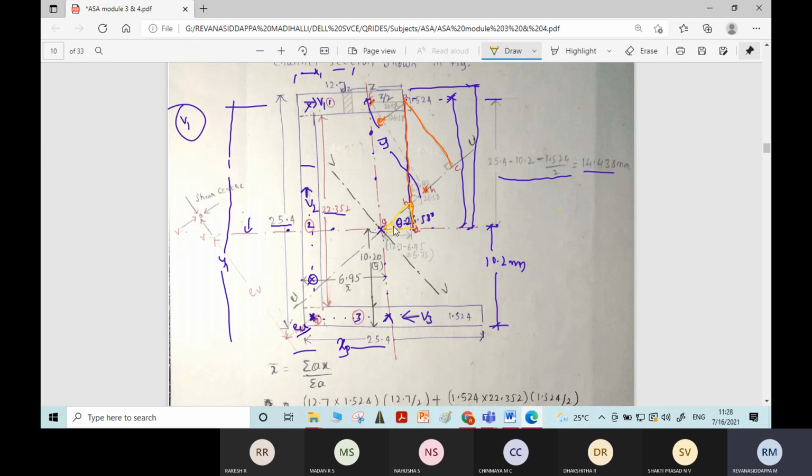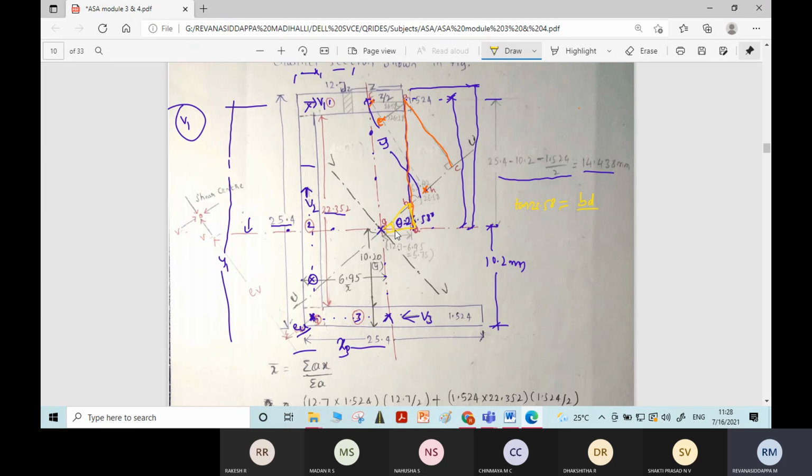If you apply tan theta, tan 26.56 is equal to opposite by adjacent. Opposite is BD, which you keep as it is. The adjacent side GD you need to determine.